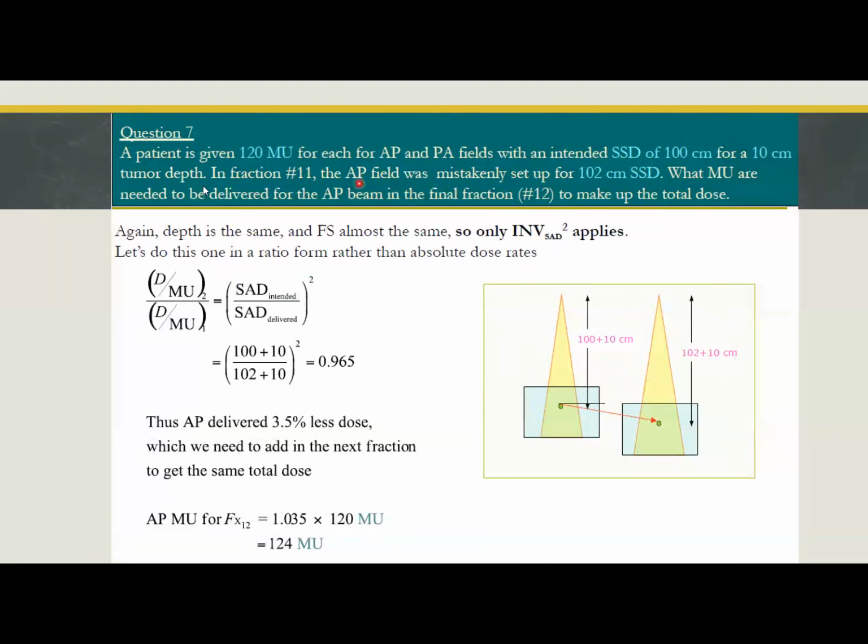So what MU are needed to be delivered for the AP beam in the final fraction to make up for the total dose? These are clinical situations one could face, and physicists should be able to calculate and evaluate these errors and provide a solution to the clinician.